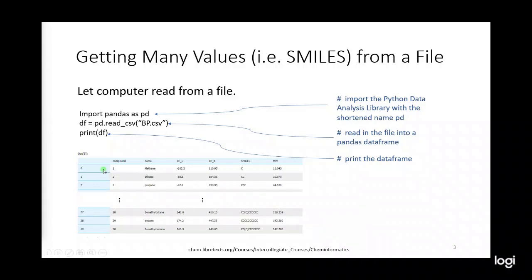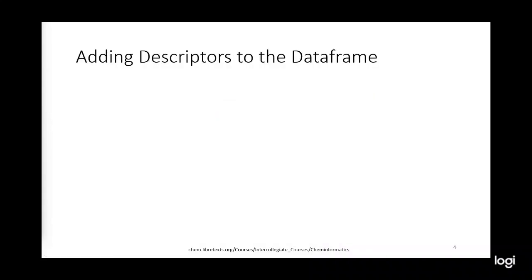For each molecule, the database provides the compound number, the name, the boiling point in degrees Celsius, the boiling point in degrees Kelvin, molecular structure in SMILES notation, and the molecular weight. We have just confirmed that the data input has been successfully read and we have built a data frame from it. However, we have a challenge.